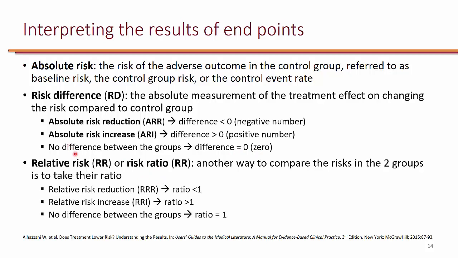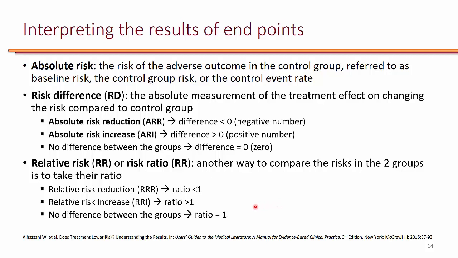And of course, there's also relative risk. With relative risk or risk ratio, because it's a ratio, if you have the same numbers in the ratio, you would get 1. So 1 would mean no difference between the two groups. Usually we have the intervention in the numerator and the control in the denominator.